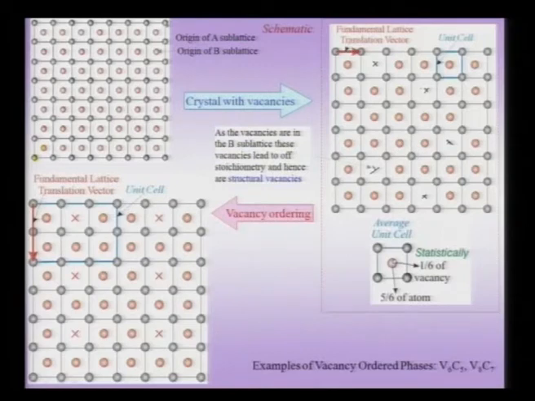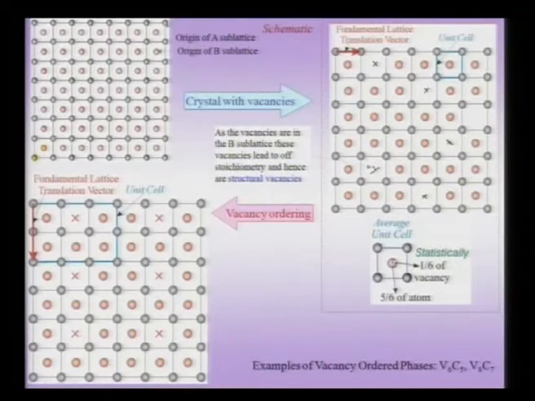Now, if I want to describe this in my language of probabilistic ordering or a statistical ordering of this crystal, one sublattice is purely occupied completely by, for instance, my A atoms or ions, and the other sublattice is not occupied by a pure atom or ion, but actually, suppose I am talking about a concentration which is 1/6, then I can talk about 5/6 being an atom and 1/6 being a vacancy.